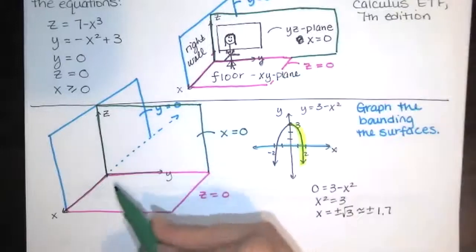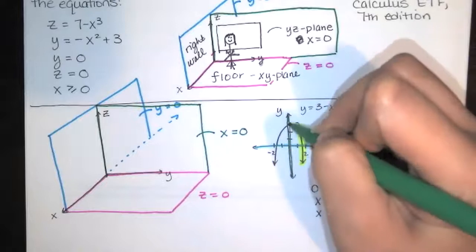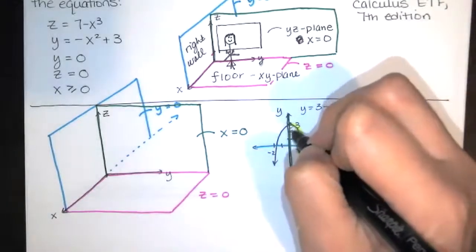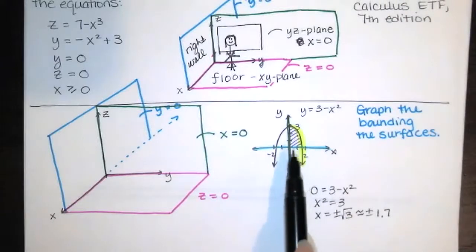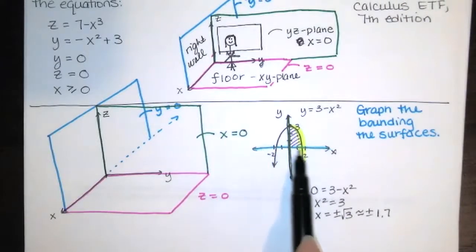X equals 0, it's going to lie right on top of the y-axis, like this. So putting those three pieces together, I see that my solid is going to lie above this region where x is greater than or equal to 0, and it's bounded by this line and this line and this.